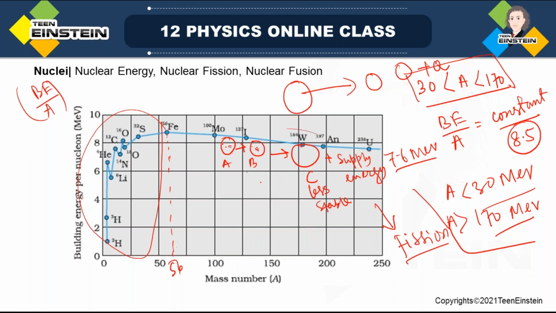Look, if I take smaller nuclei and fuse them just beyond Fe, to get a bigger one, then you will not get energy released, but you have to supply energy for the reaction to happen. So this region is not suitable for fusion.